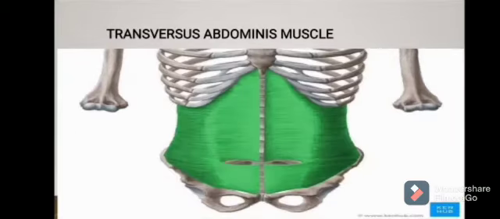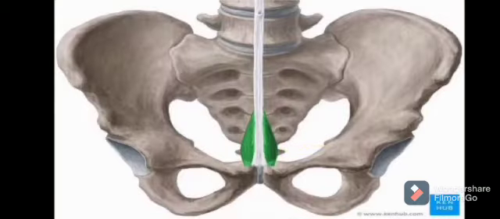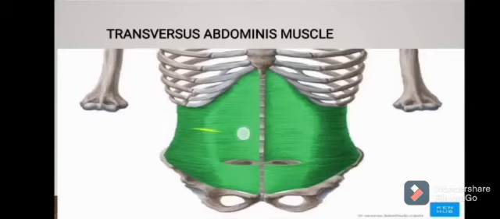And this is transversus abdominis muscle, which is the deepest of all the muscles, and it originates from, again, iliac crest, inguinal ligament, as well as from the ribs, because this is the horizontal muscle. Its fibers are running horizontally, unlike the external oblique and internal oblique.